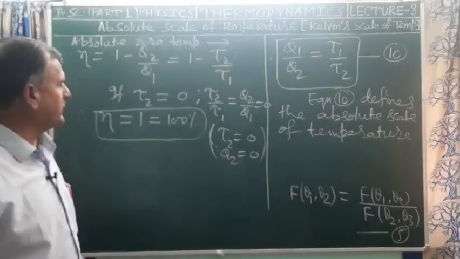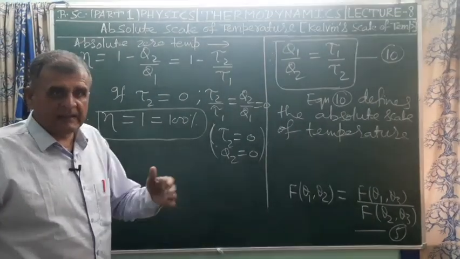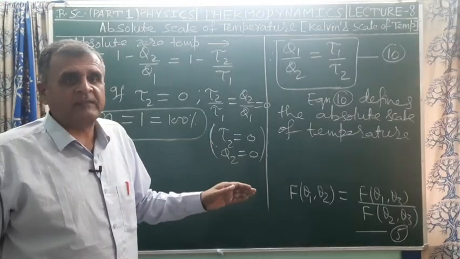So absolute zero temperature or any negative temperature in the absolute temperature scale is not possible.